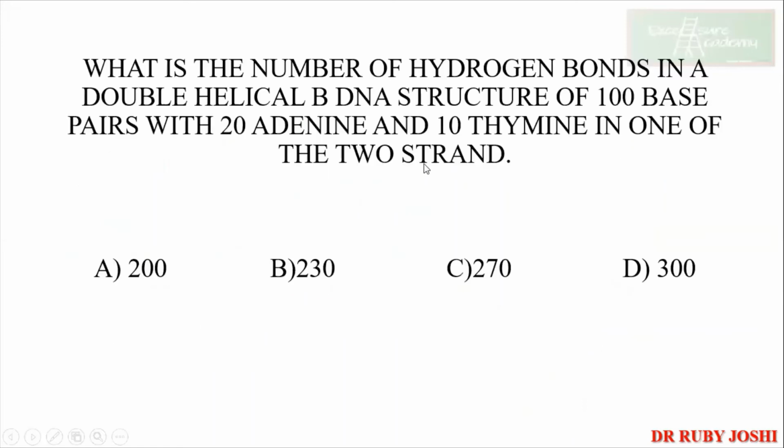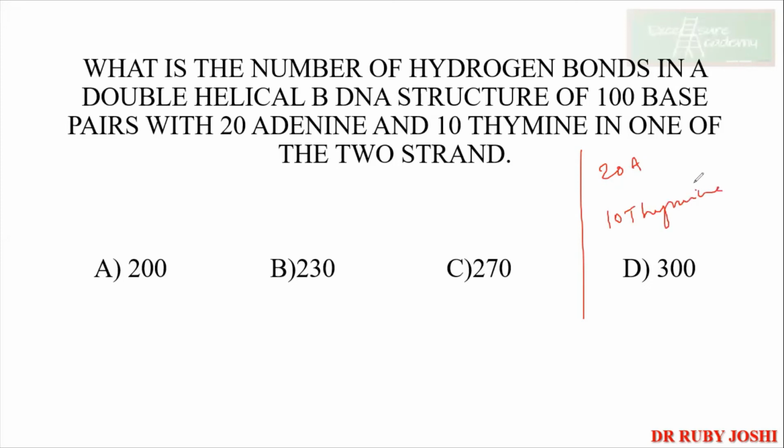Good. What is the number of hydrogen bonds in a double helical B-DNA structure of 100 base pairs with 20 adenine and 10 thymine in one of the two strands? It's very simple. If you don't understand, just draw the diagram. It says in one of the two strands, so you can take any strand. It has 20 adenine and 10 thymine.